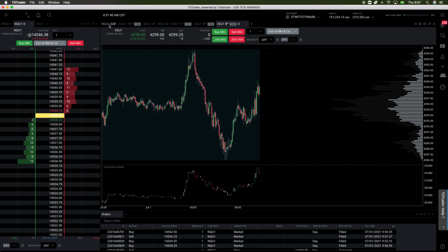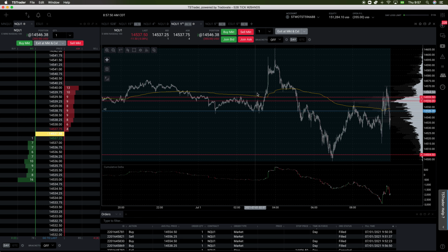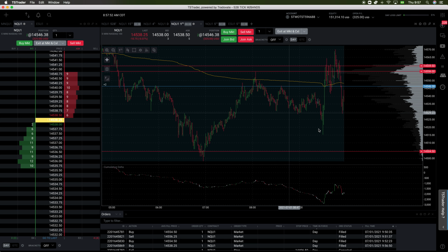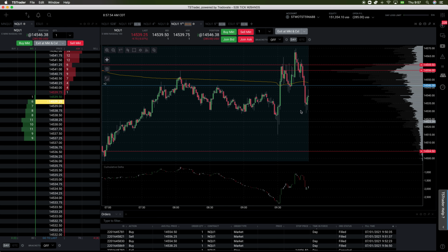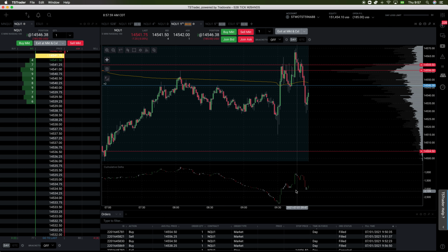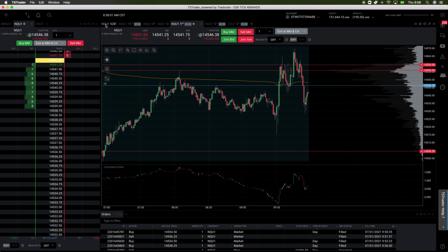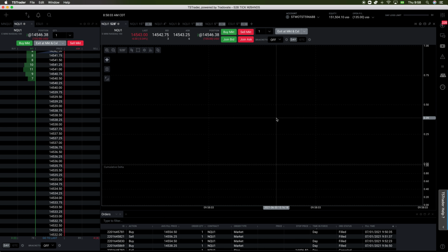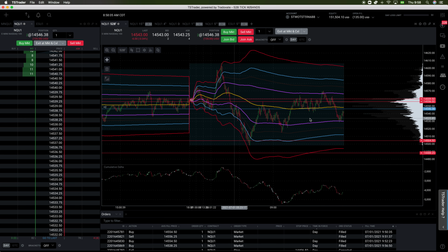Trying to engulf that candle there. Let's look at the 1 minute. Okay, buyers starting to step in here. Let's wait and see.